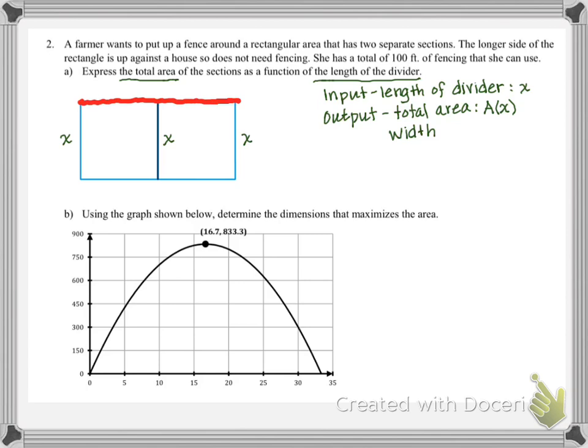Making those three fences uses up 3x worth of fencing. So I have 100 minus that left for the width of my field. So 100, which is what I started with, minus the 3x that I used to make those three lengths of fencing. So my width is 100 minus 3x.